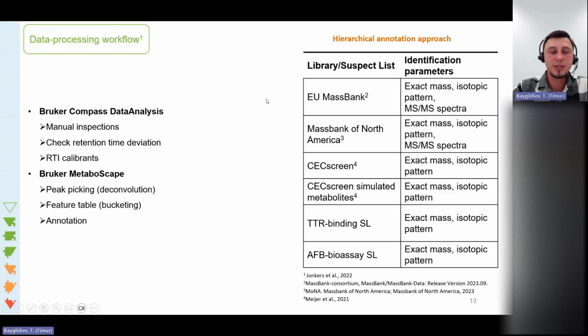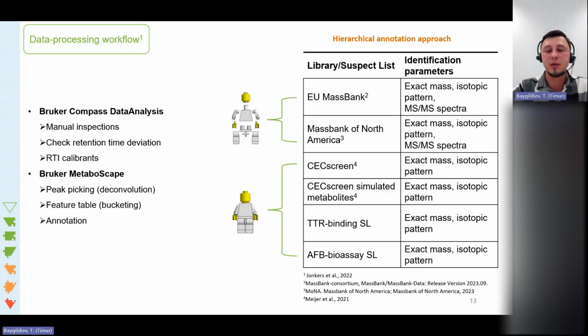For the data processing, an important step of the identification of chemicals, we used the vendor software Bruker DataAnalysis and Bruker MetaboScape, and annotations were performed hierarchically. First with libraries like MassBank of Europe and MassBank of North America, and then with suspect lists like KEMI screen and KEMI screen with simulated metabolites.